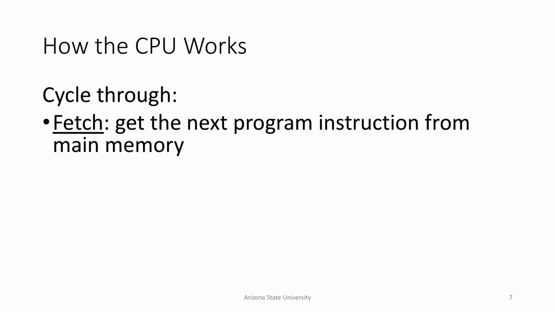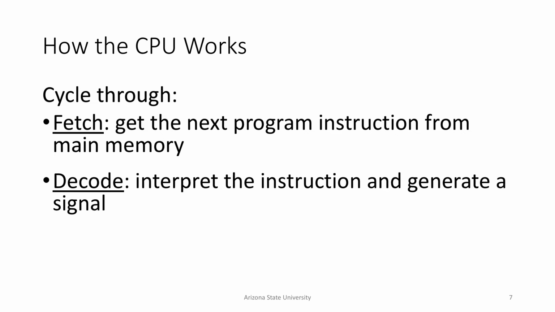So what does it actually do? It says, well, I accessed this instruction in main memory before, now I need to access the next one. It looks and says, maybe it's at the next memory location or at some other place, because some instructions involve going somewhere else. So one of its responsibilities is to determine what the next instruction is. That's the fetch step in a CPU.